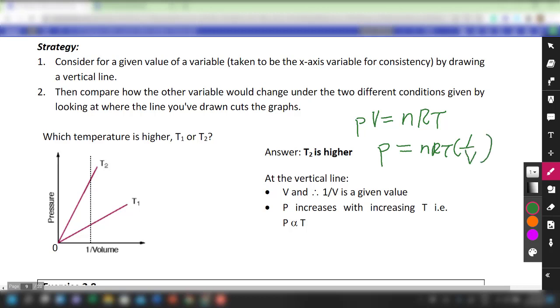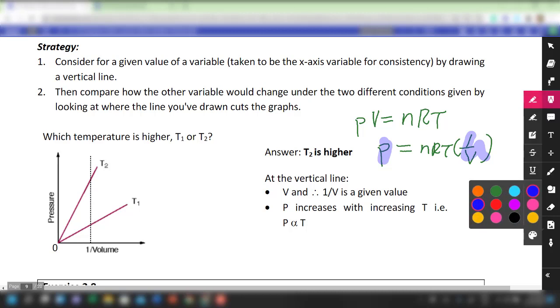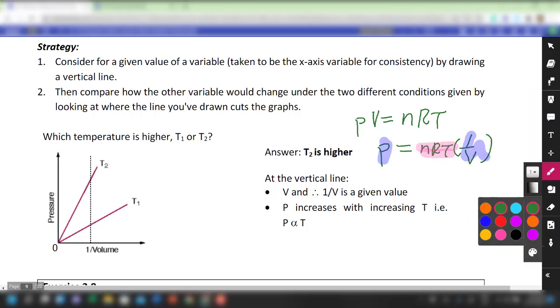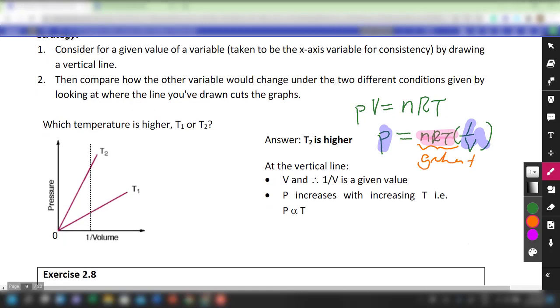So if you plot P directly against 1/V, you get a straight line which passes through the origin. So your nRT will be the gradient of the line. So if this is the gradient, definitely T2 is higher than T1.